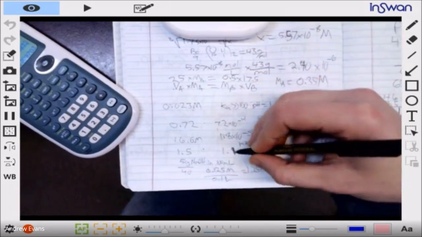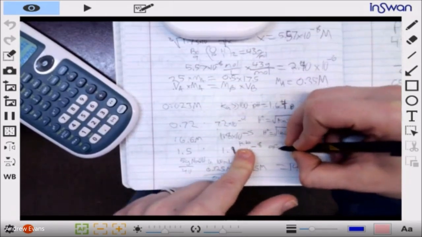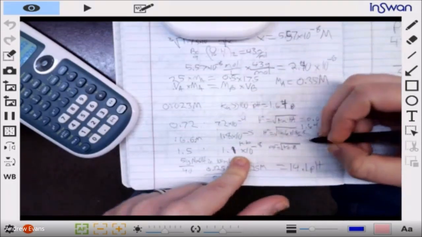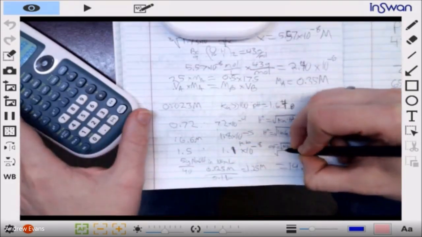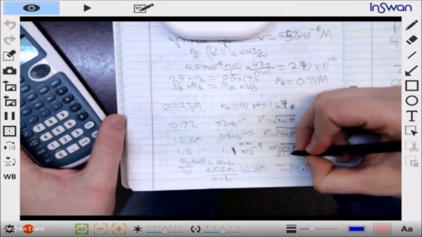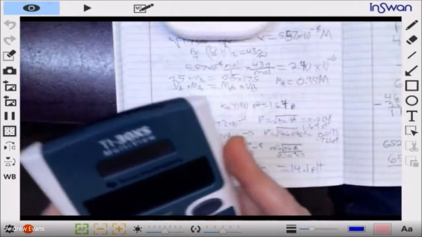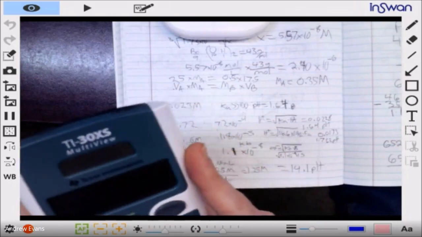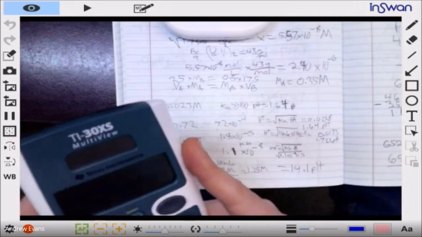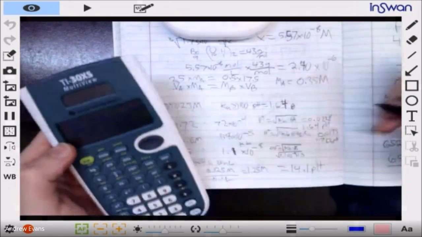Now this one is a base. The same holds true. OH minus is equal to the square root of Kb times the amount of base. So if I take the square root of 1.1 times 10 to the negative 8th times 1.5, we should get the amount of OH. But you got to remember that's the amount of OH and not the amount of H. Make sure you know whether you're dealing with a Kb or a Ka.